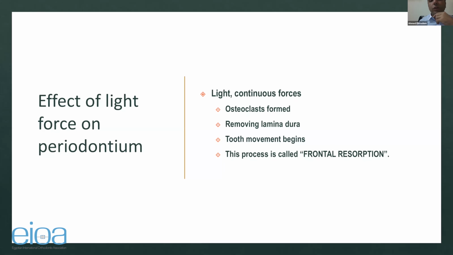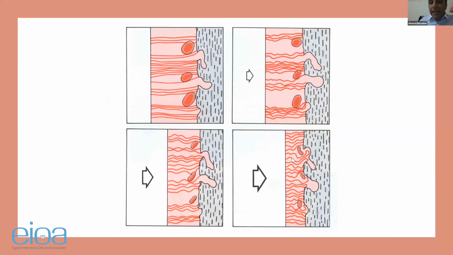So the effect of light continuous force is that osteoclasts are formed, removing the lamina dura, tooth movement begins, and this is what we call frontal resorption. Frontal resorption means that this surface area of the bone is going to be resorbed, which results in what we call translocation. So you get a translocation of the socket. This is how a tooth moves.